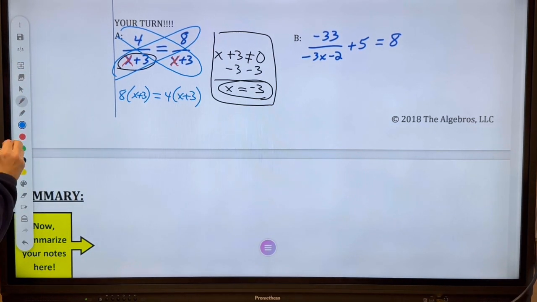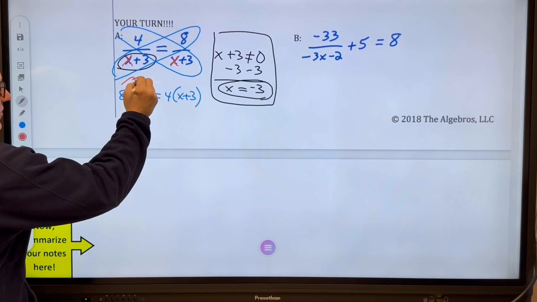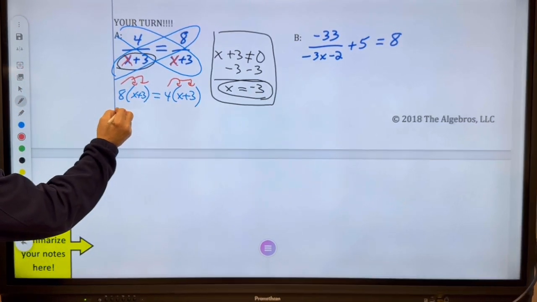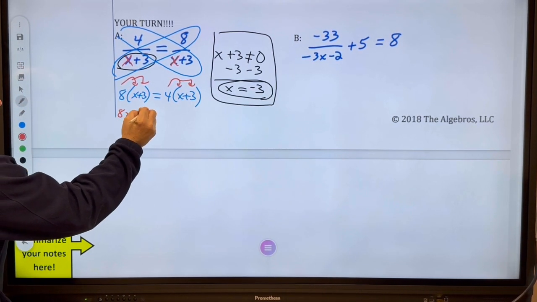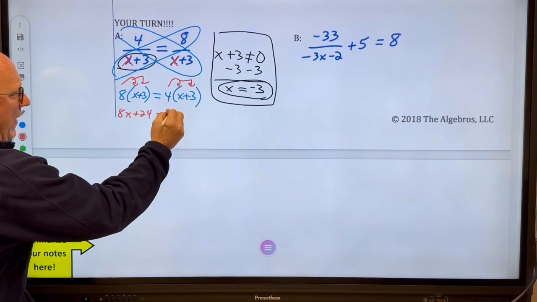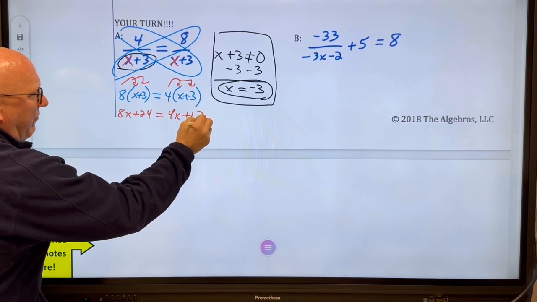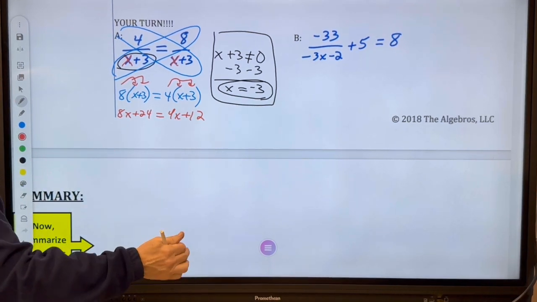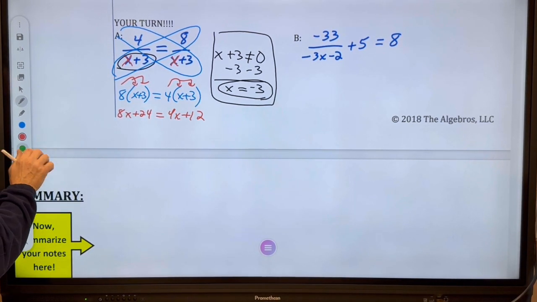And then I'm just going to go ahead and distribute in each case. The distributive property says this becomes 8x plus 24. This becomes 4x plus 12. And I'm going to solve this multi-step equation like I learned earlier in the unit.